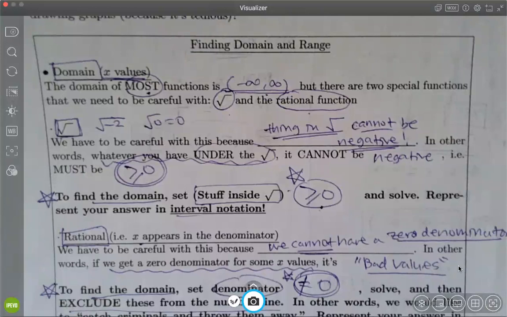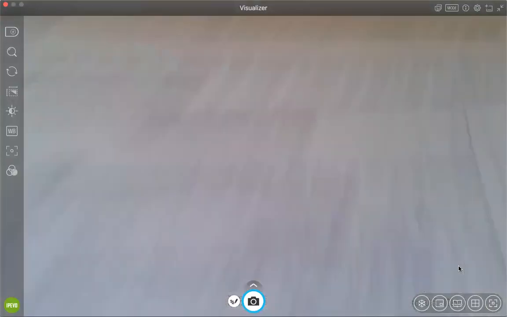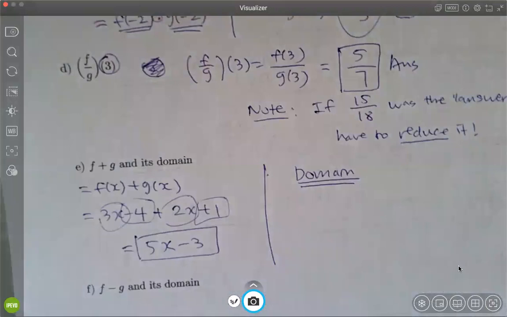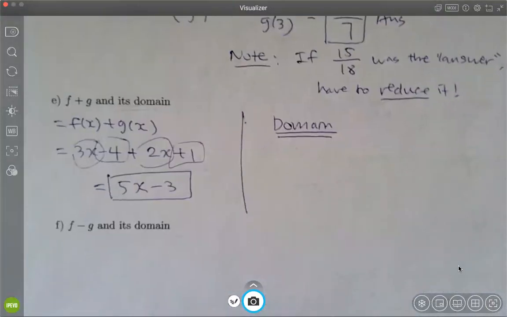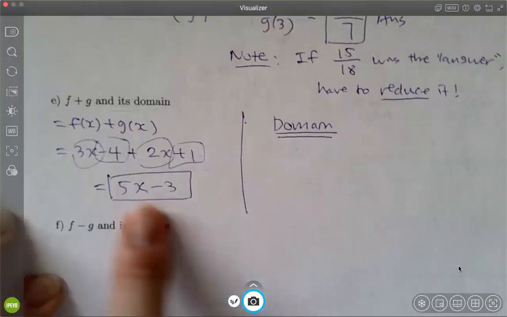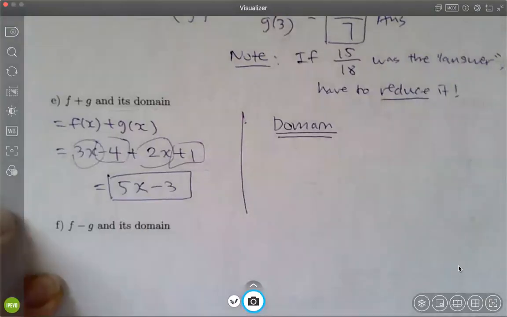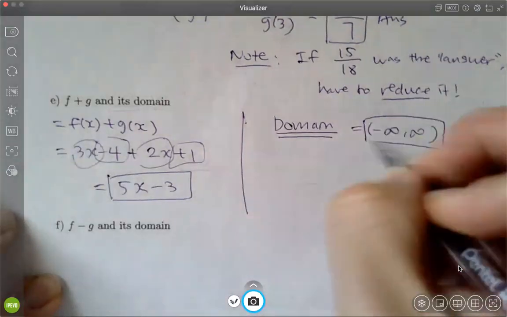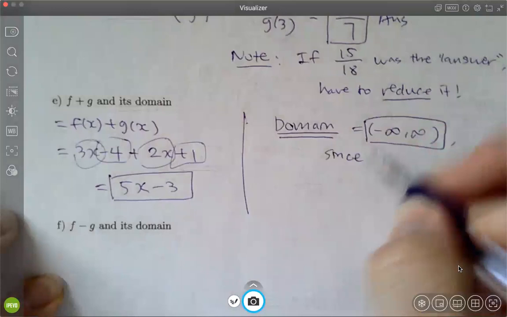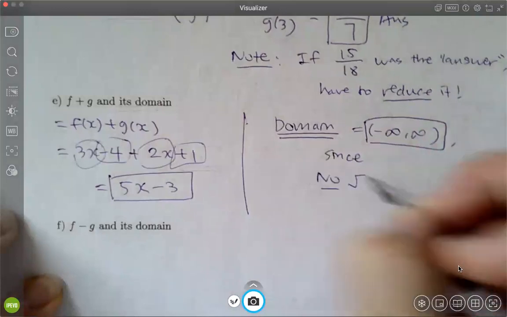So can you see what the domain of 5x minus 3 is? Negative infinity, comma infinity. Everything, yes. Do you see why? Because there's no square root, there's no rational. So the domain is everything. Again, the reason is no square root or rational.